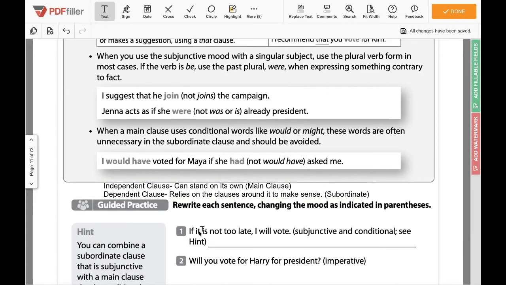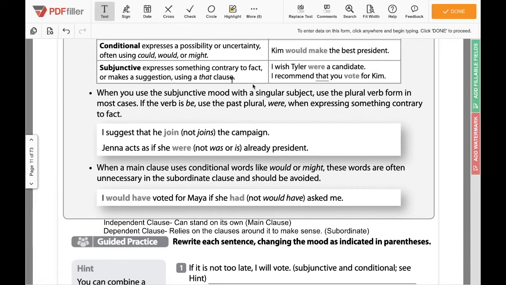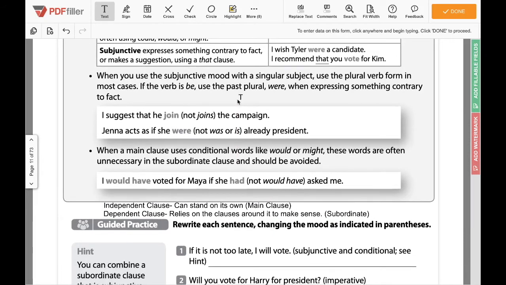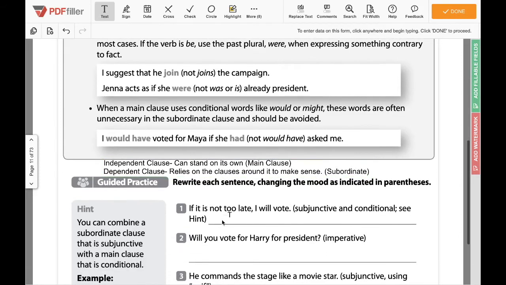So let's start with if it is not too late. Well, right here, we know it says Jenna acts as if she were already president. Because we know we're looking at a subjunctive verb mood, we know that we shouldn't use is, which we do see the word is here. So what do we replace is with? Were.